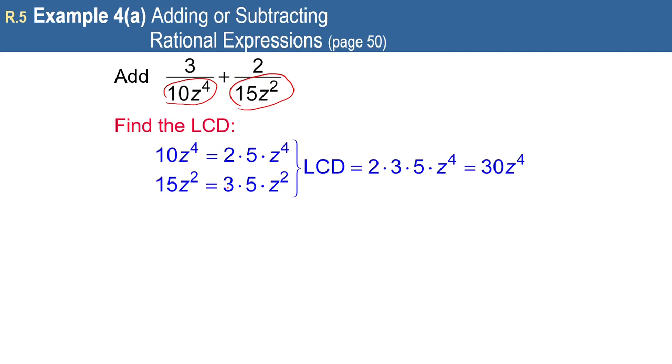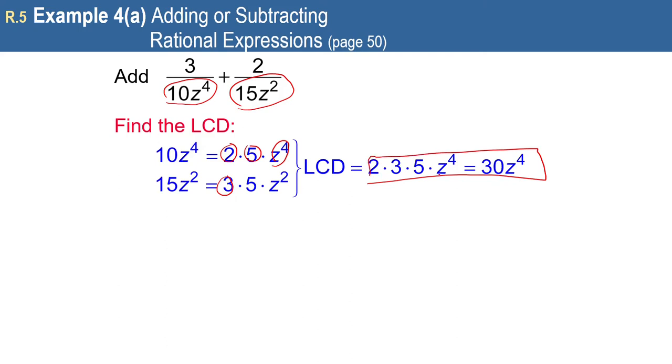And so the lowest common denominator is going to have the factors 2, 3. We only need 1, 5. And we'll take the highest power of z. So we'll take unique powers of 2, 3, 5, and the highest power of z to the fourth. That's going to give us our LCD.